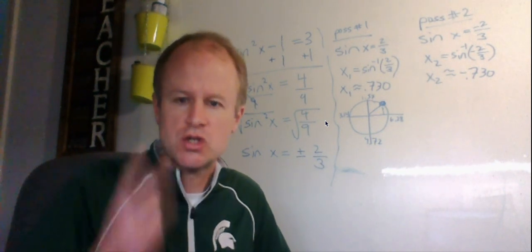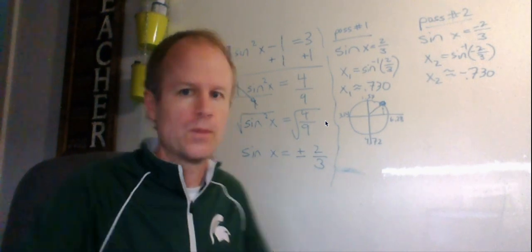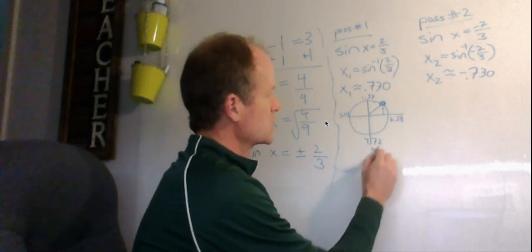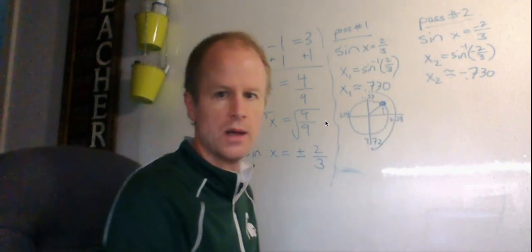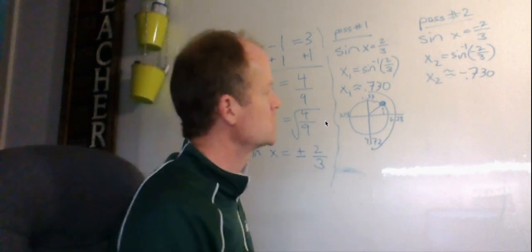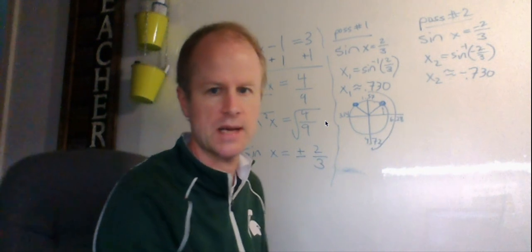So in this case, there are 2 spots where I have a y coordinate of 0.730. We learned last week, hopefully, that sine inverse is restricted in this area on the right side because it's covering all the y coordinates.